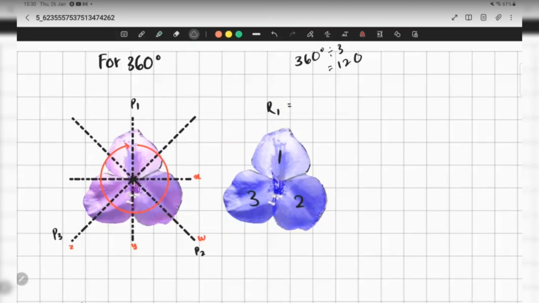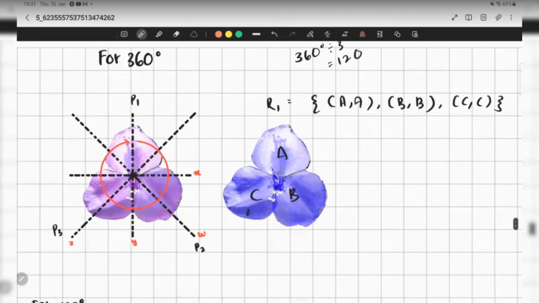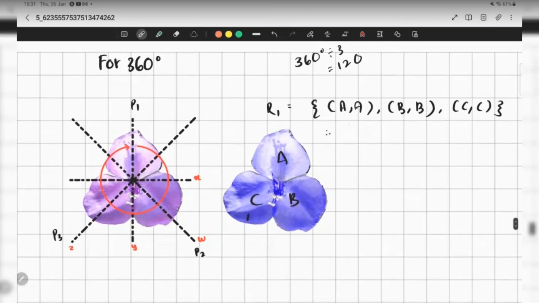It's actually A, B, and C. A meets with A, next B meets with B, and C meets with C. So it is reflexive since there are AA, BB, and CC.